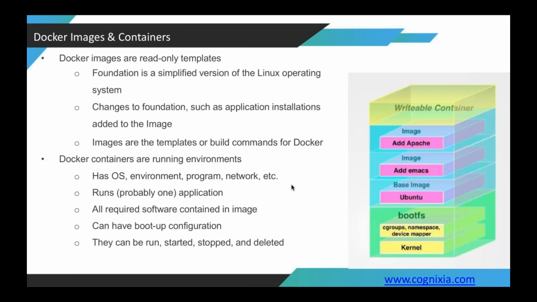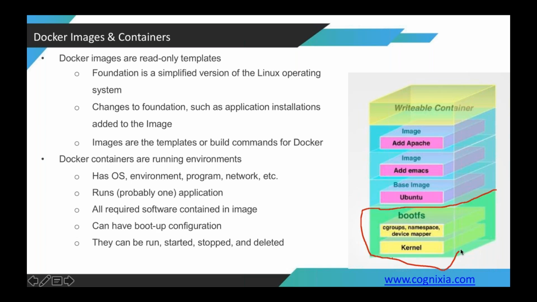All right, let's talk about the Docker images in more detail. Whenever we talk about Docker, we were talking about the Docker CE or Docker daemon. That Docker daemon is actually allowing us to create this boot fs.